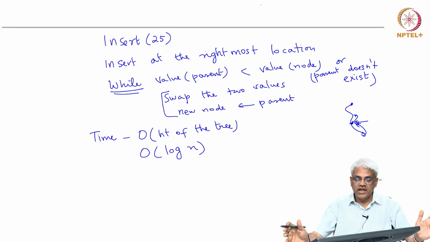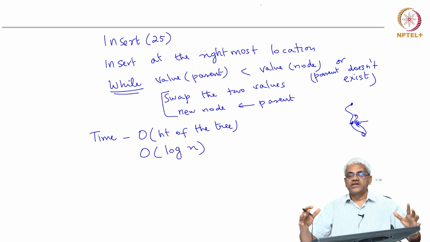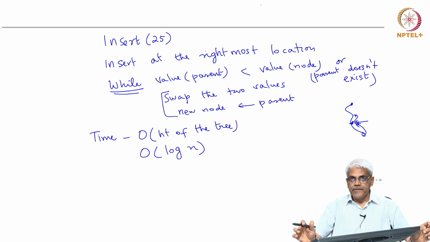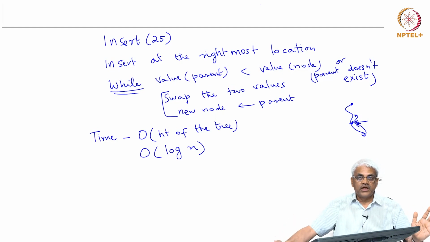So, we have a nice clean algorithm to insert a new element in log n time by maintaining this complete binary tree. This was not possible in a sorted array or a sorted linked list, but now you can do it.